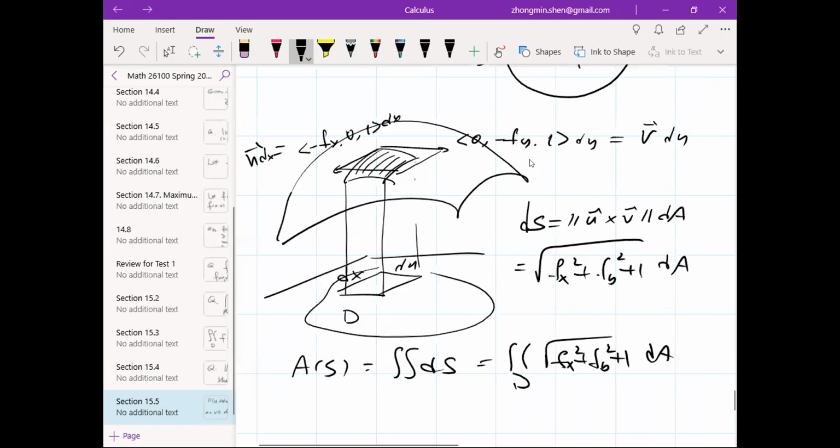If the surface doesn't change too much, it's almost the area of that surface. But here dx and dy are very tiny. So if you add millions of these pieces together and take a limit, that's the exact surface area. So that's it. It's just a rough idea about how to get a surface area. That's it. I have to finish here, see you.